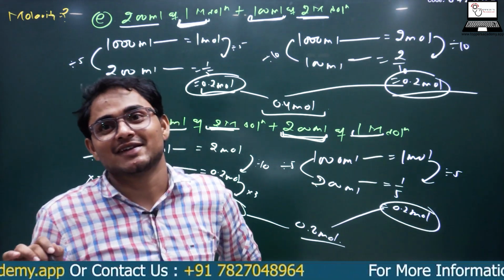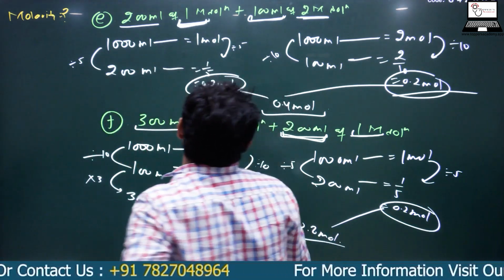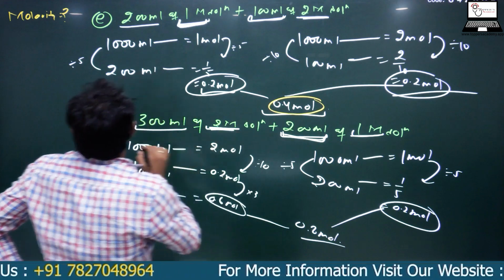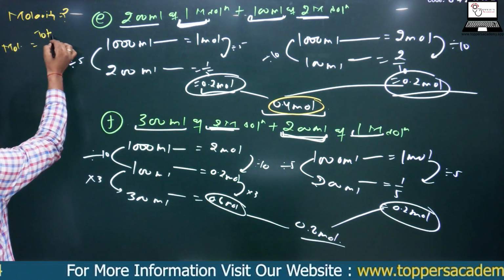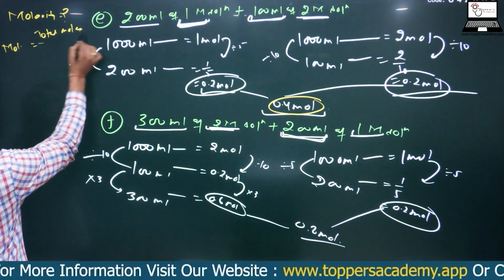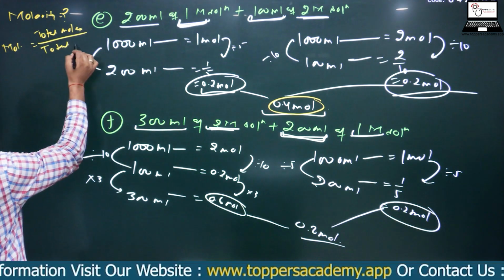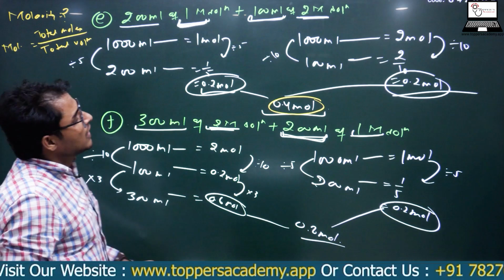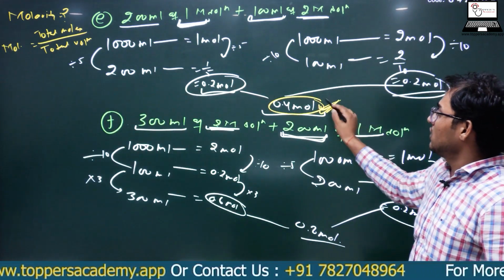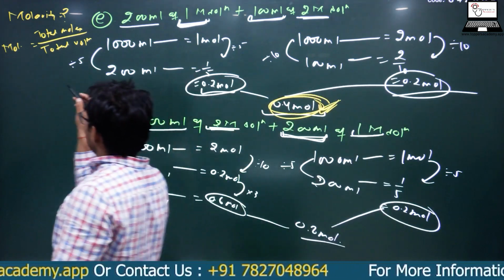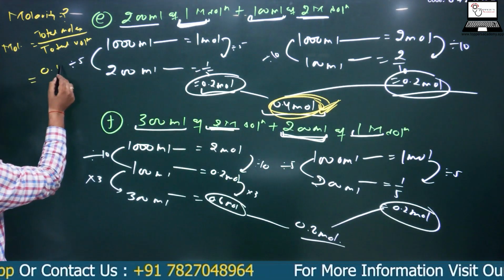Then in this case you know the total moles of solute. So molarity for this case, obviously molarity is equal to total moles of solute upon total volume of solution, right? And you know the total number of moles of solute now: 0.4. So in place of the total moles I am going to replace 0.4.